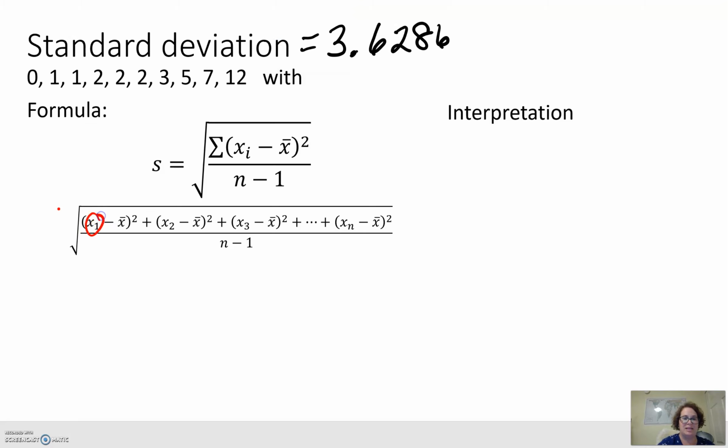What this says is to take the first house, which had 0 people in it, and compare it. That's what a subtraction means. It means compare, or what's the difference? Compare to the average. We may need to remind ourselves that the average was a 3.5 person household, right?